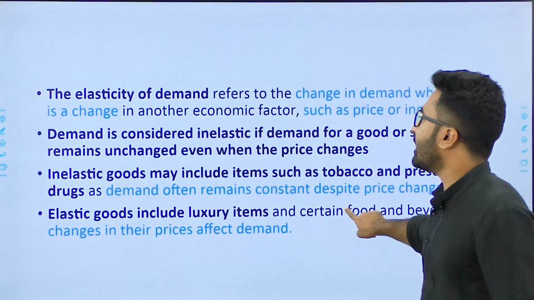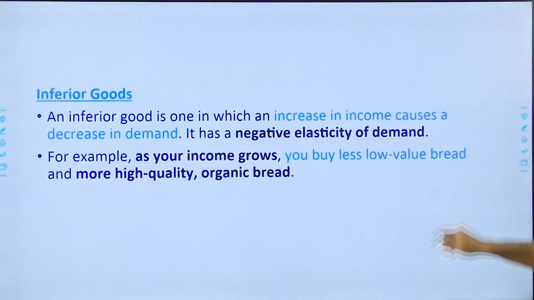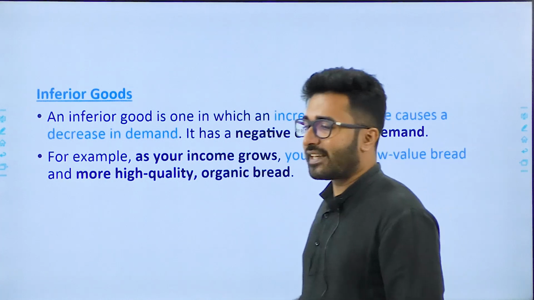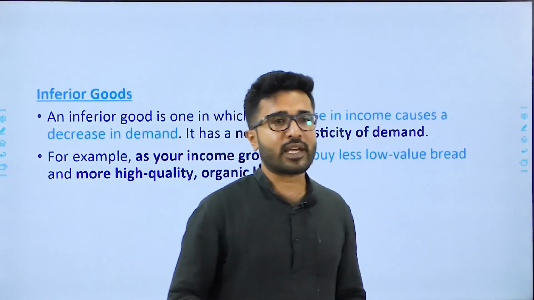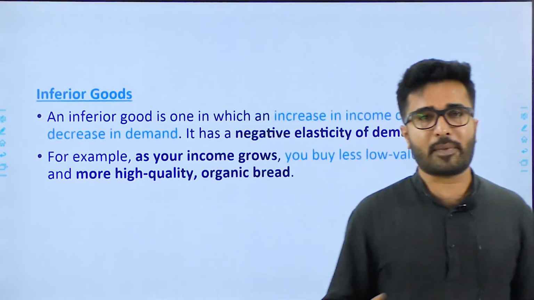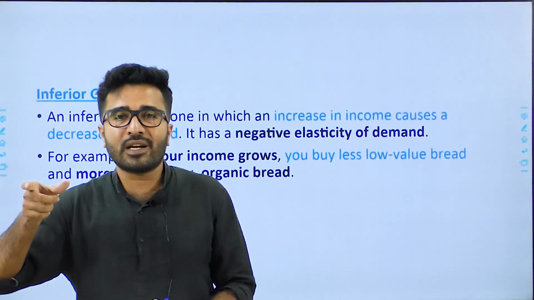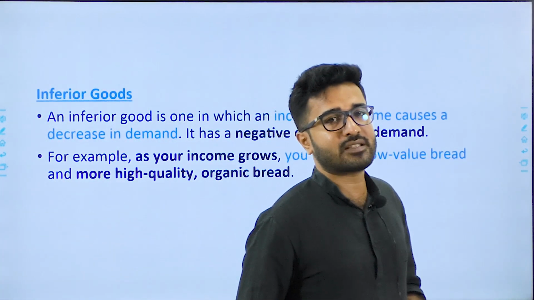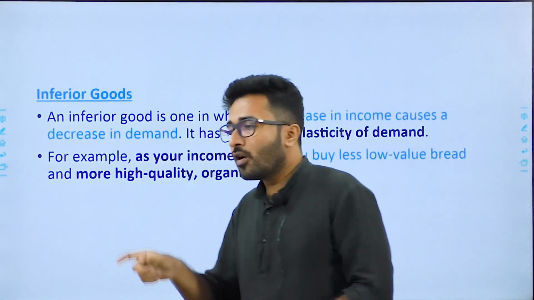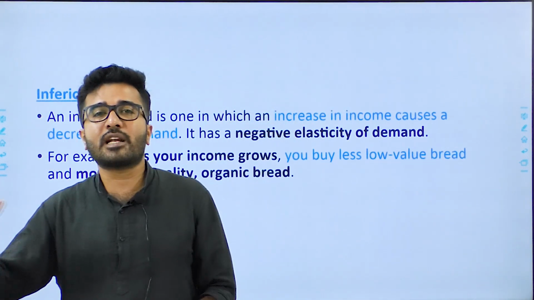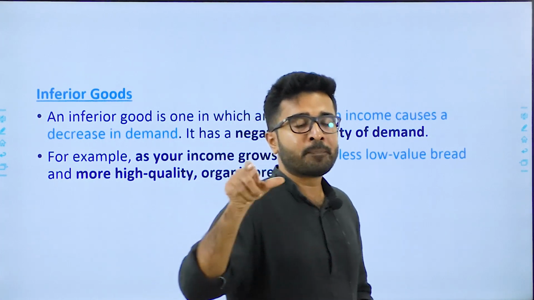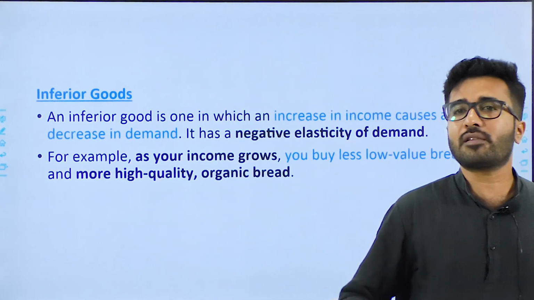In case of an inferior good, if the income of the person increases, he won't be purchasing that, so it has negative elasticity of demand. When the income of the person increases, the demand for that particular good decreases. This is known as negative elasticity of demand. And for a good where, when a person's income increases, the demand for it also increases, that particular good has positive elasticity of demand.